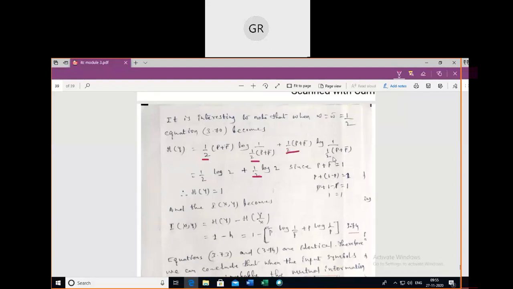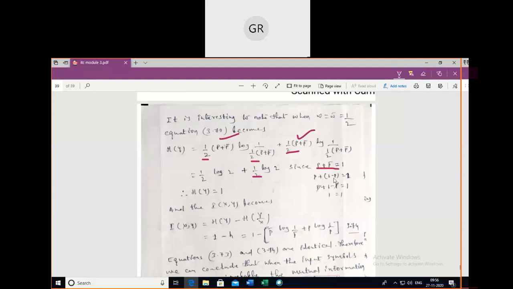We know the value of P plus P bar. P bar equal to 1 minus P, right, then P plus P bar equal to 1.